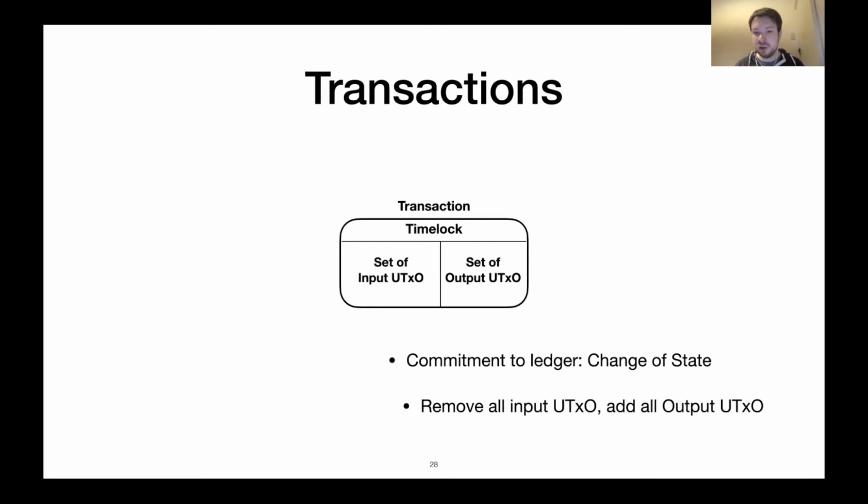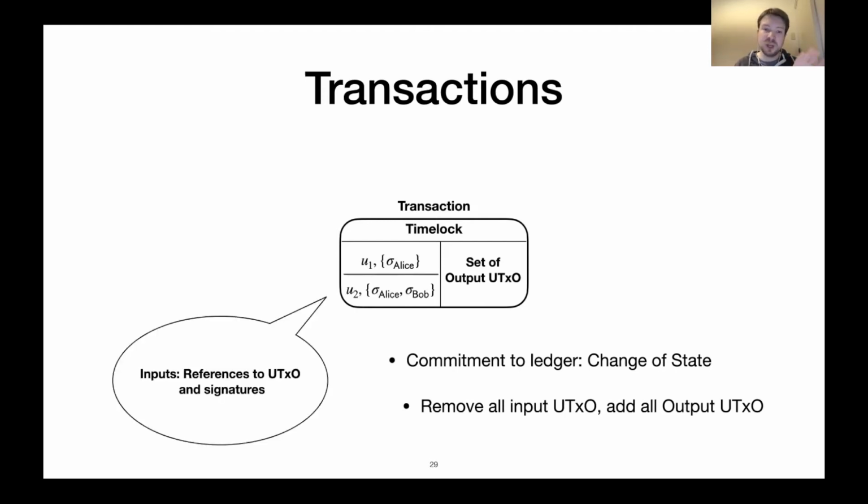A transaction consists of three components. On the one side, we have a set of inputs. An input contains a reference to a UTXO that has to be present on the ledger, as well as its witness. In our case, the witness is a set of signatures.